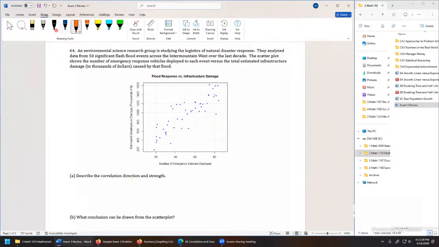I did see in the MyLab notes that they had mentioned weak correlation and strong correlation. So I was wondering if that's going to be kind of included or it'll just be positive or negative.